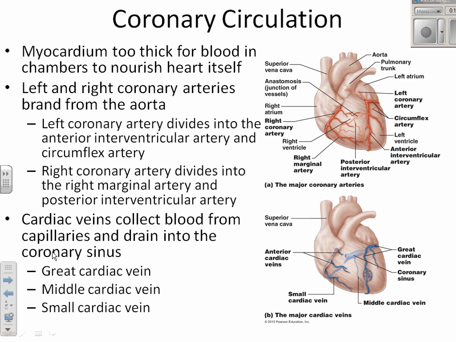Which we've shown before, here's your left coronary artery, and it's actually coming from the aorta. It's providing the necessary gases for the heart, so necessary oxygen there. And here's the right coronary artery. Those two major branches coming off come from the aorta.